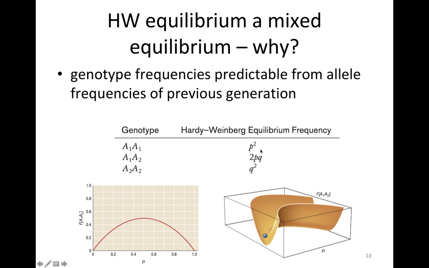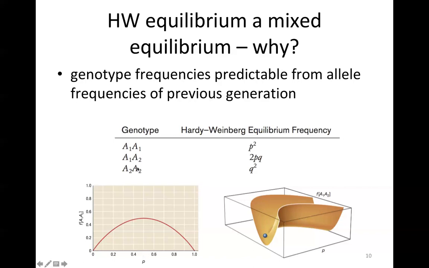Why is that? Because you can, for instance, start with a population which is not in Hardy-Weinberg equilibrium. You could have a population composed 50% of A1 individuals and 50% of A2 individuals. In this population, the allele frequency of both A1 and A2 will be 50%.